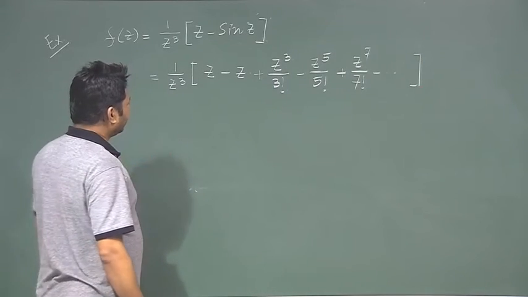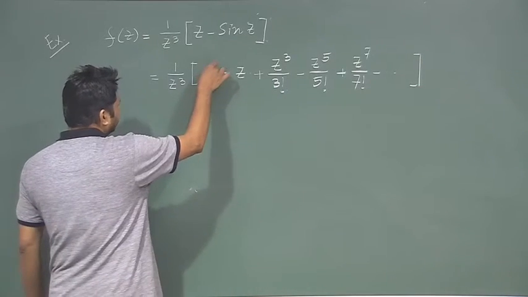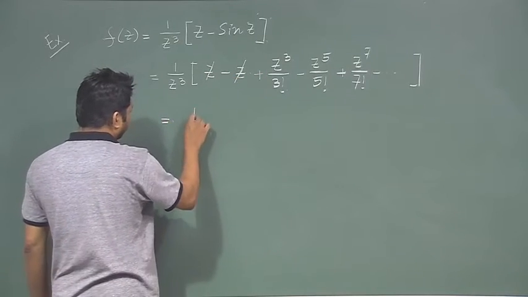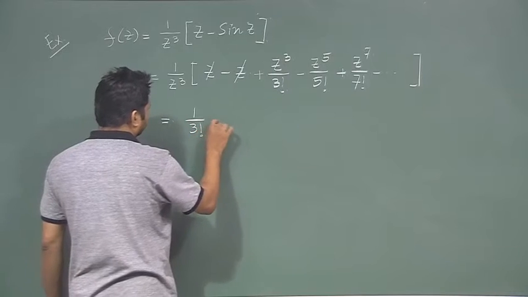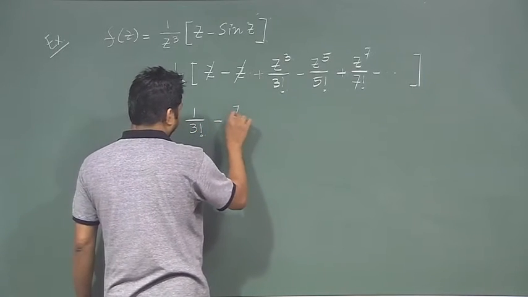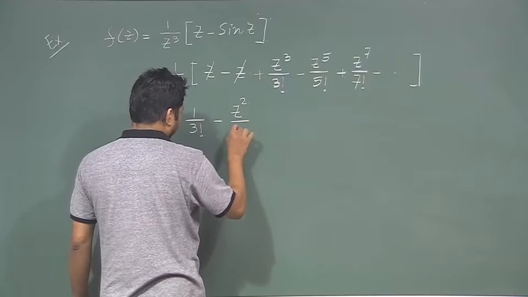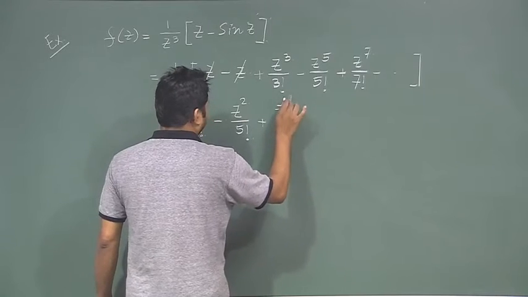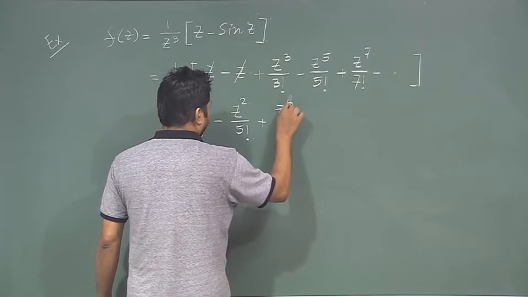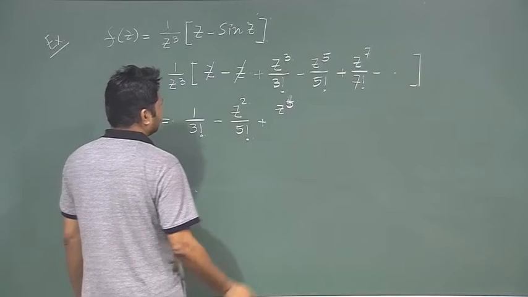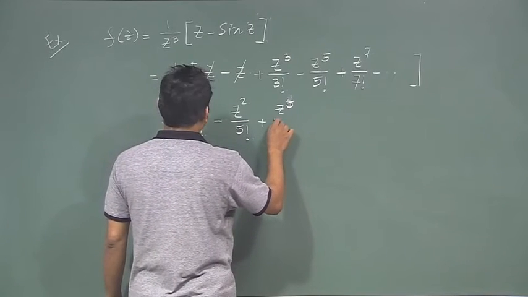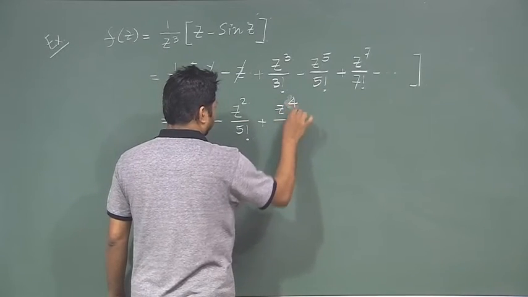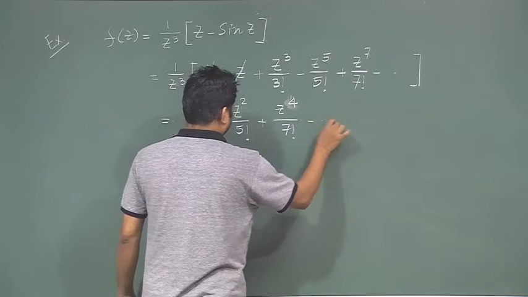Now if I do that, I find this z is cancelling out, and finally I am having something like this, and so on, up to factorial 7.